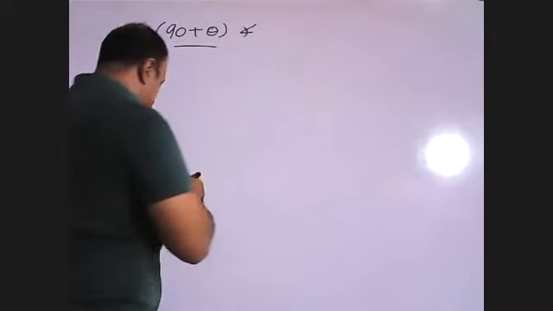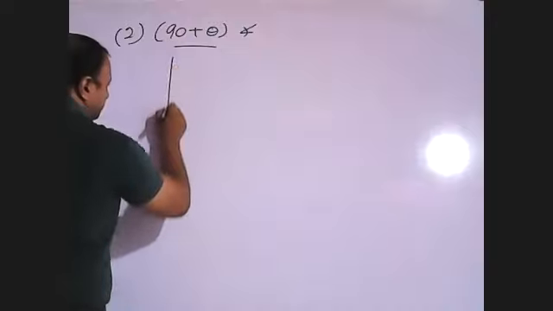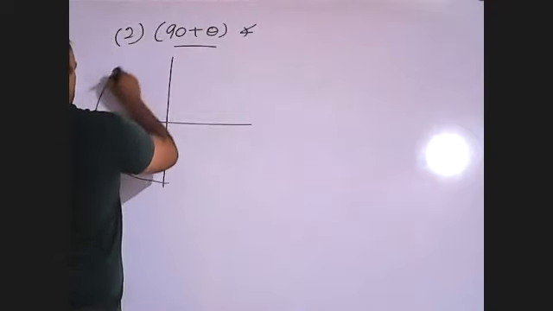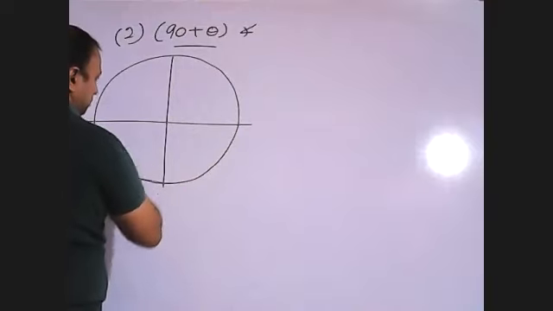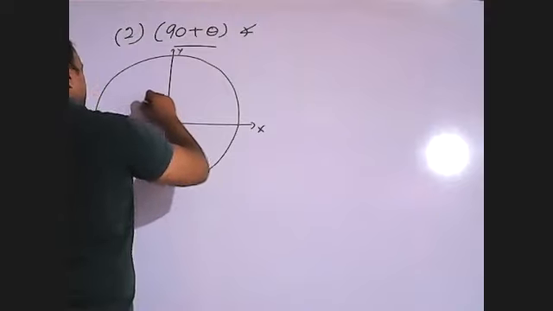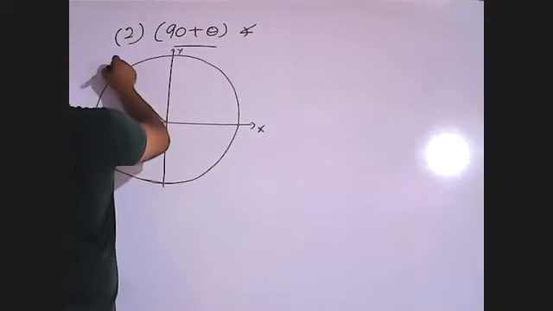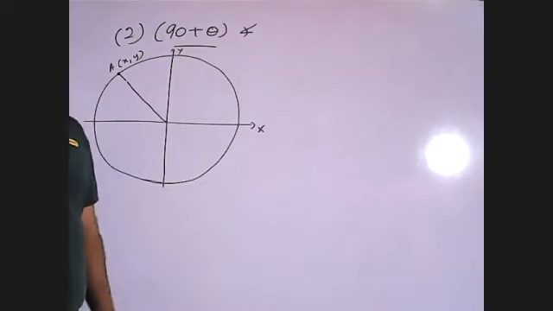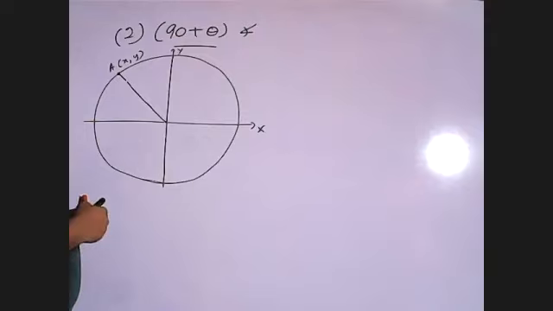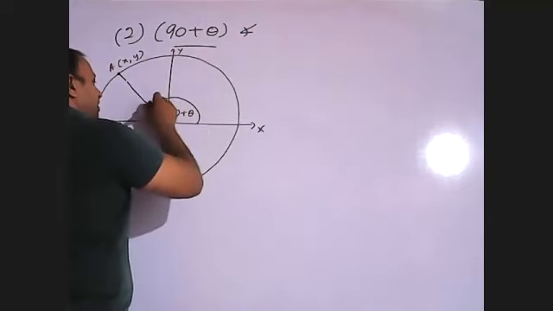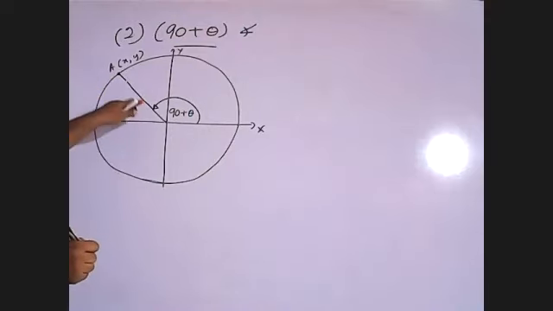Okay, 90 plus theta should be in the second quadrant. So this is 90 plus theta.